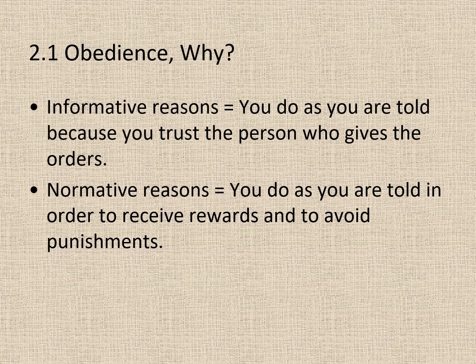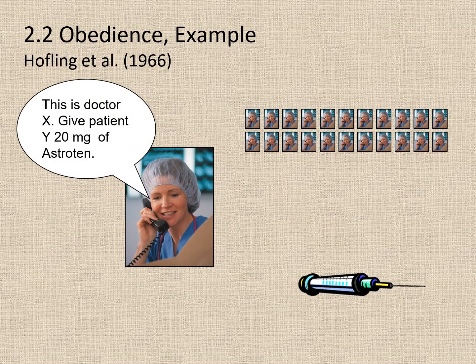So we make a phone call to nurses on different wards in different hospitals. So we know they're working there, and we know that they're at work. So we call the wards and say, I want to speak with nurse so-and-so. And then when the nurse comes to the phone, we tell them, this is Dr. So-and-so. Give patient so-and-so 20 milligrams of astroten. And then we hang up.